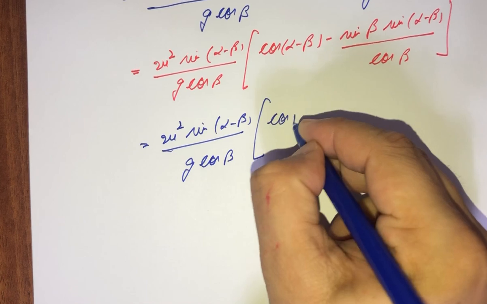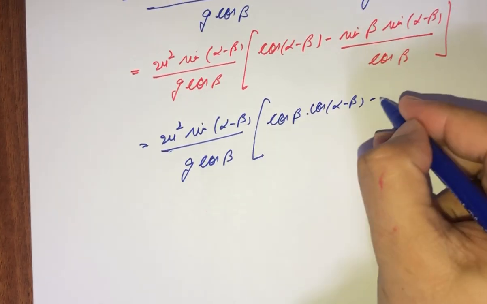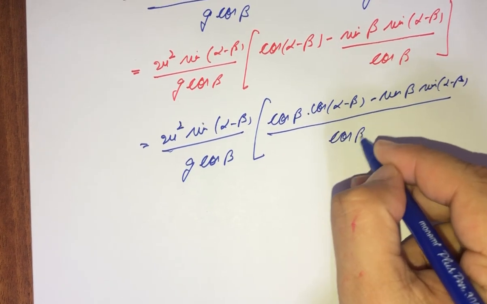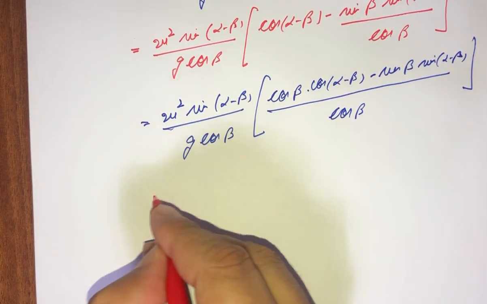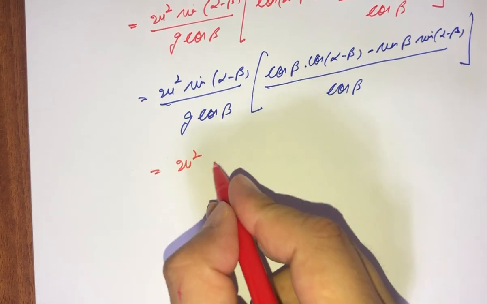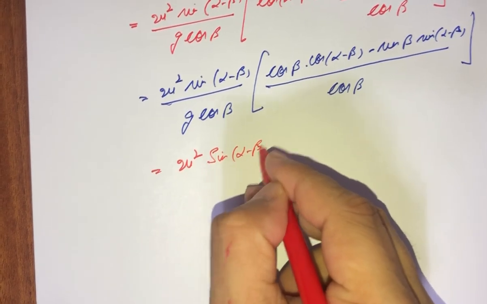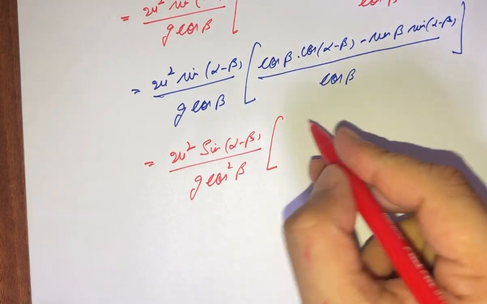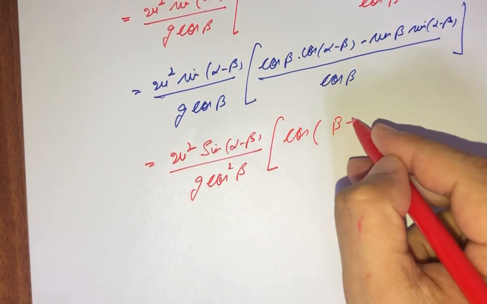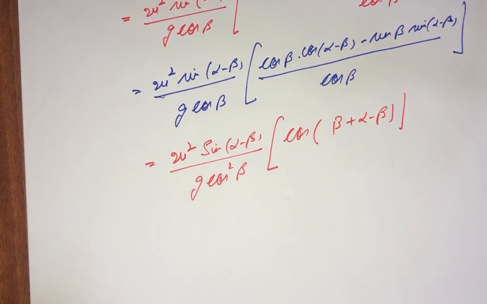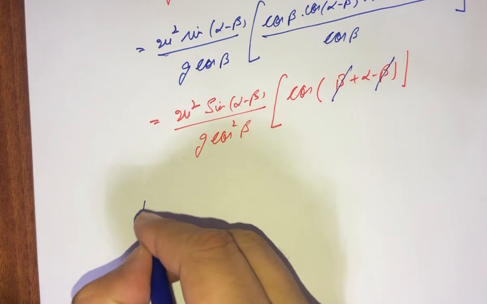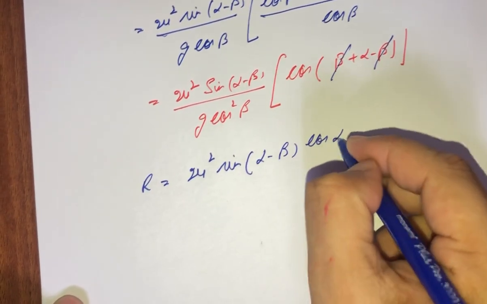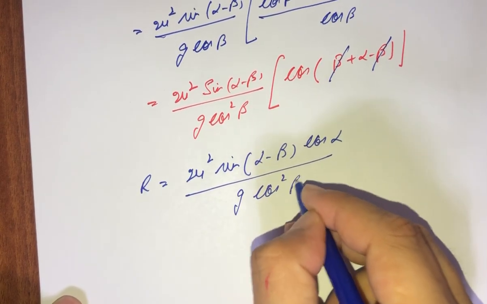So we will get this as cos of beta multiplied by cos of alpha minus beta minus sine beta sine of alpha minus beta, divided by cos of beta, and this will be equal to 2u square sine alpha minus beta divided by, this will become g cos square beta, and cos of beta plus alpha minus beta, and beta cancels out with beta, so the range will be coming as 2u square sine of alpha minus beta cos of alpha divided by g cos square beta.